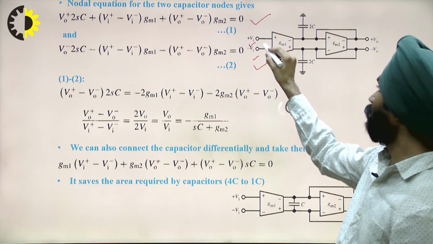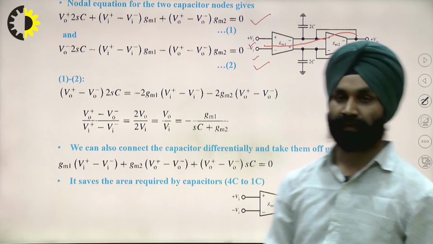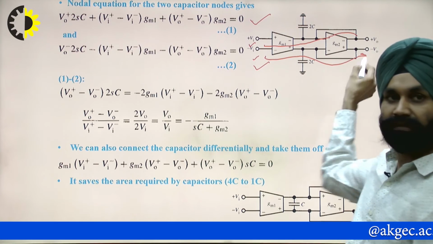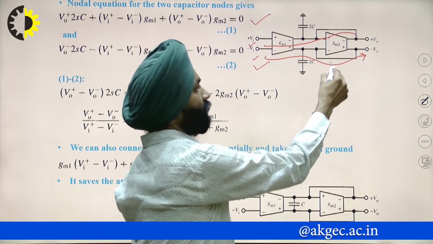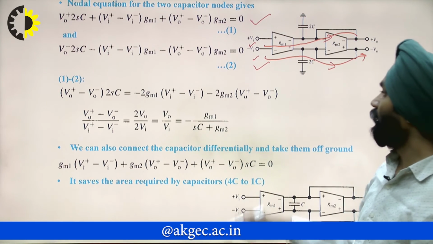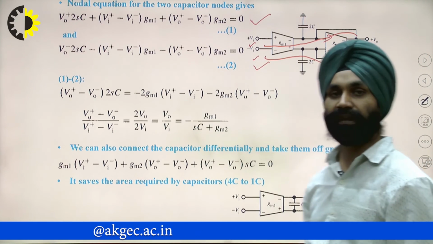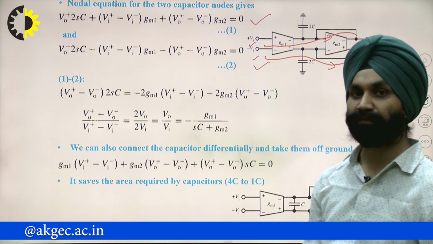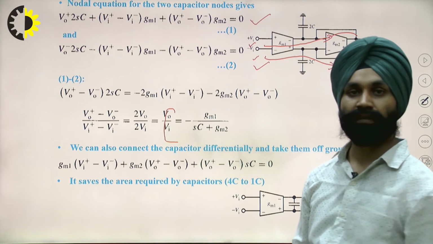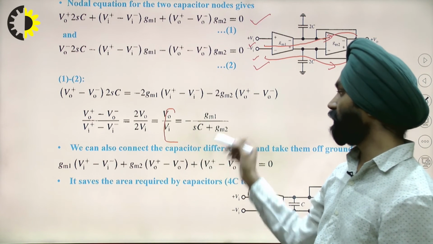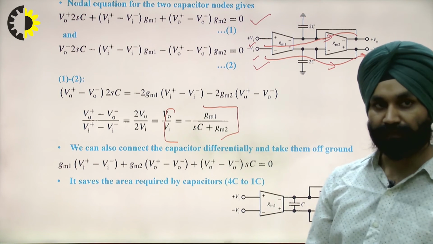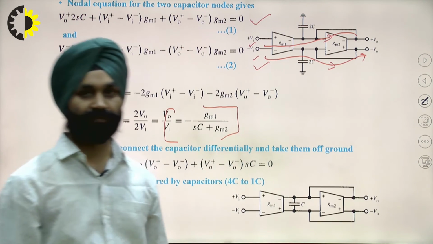You can calculate the nodal equation for this terminal, and for the second path we can take the nodal analysis by this path, one path and the second path. From the two equations we can take the ratio of the output voltage and the input voltage. So it is V0 by Vi, which comes to be minus Gm1 upon SC plus Gm2. I have derived it. You can go through the steps using these equations.